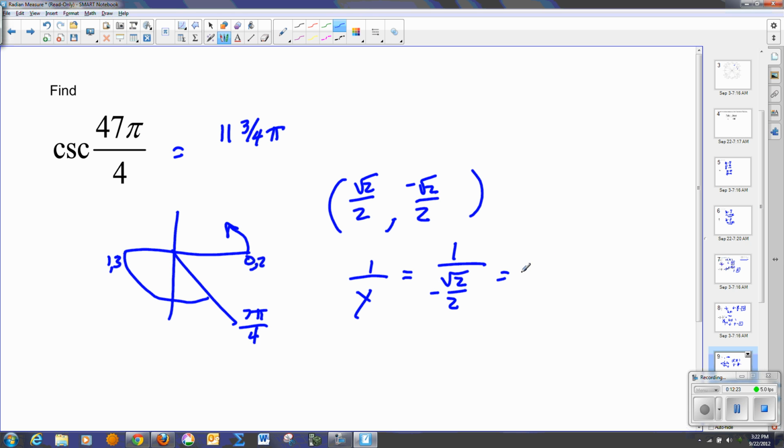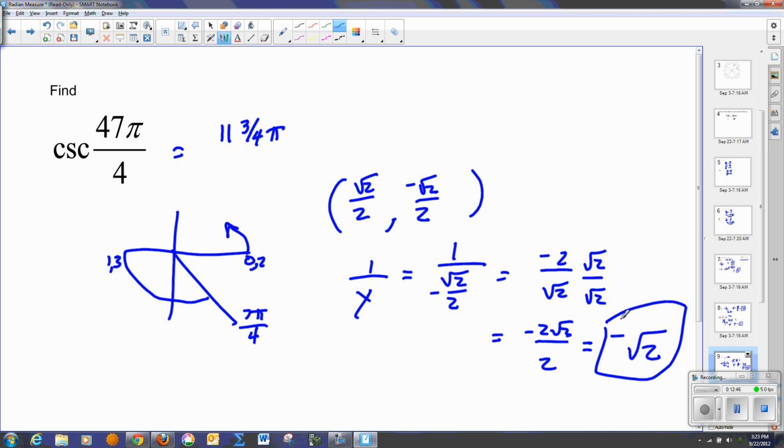Multiply by the reciprocal, and I get negative 2 over root 2, but I'm going to have to rationalize that. So this gets me negative 2 root 2 over 2, or negative root 2. Couple more.